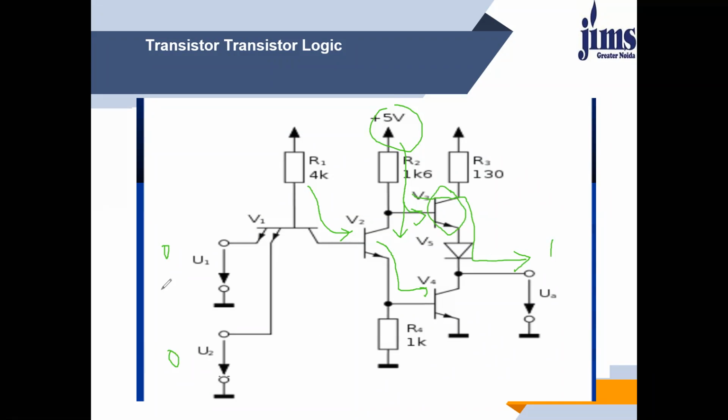If we give 1 as input, then current will find a place to go from here to here, so no current will flow from here.